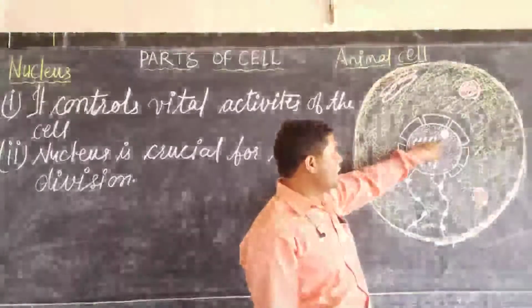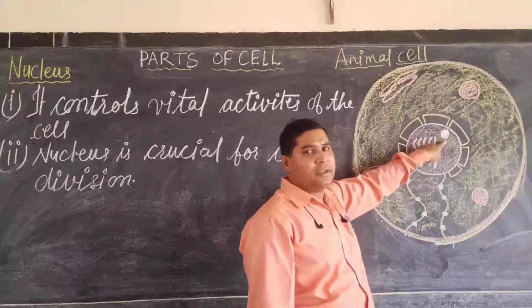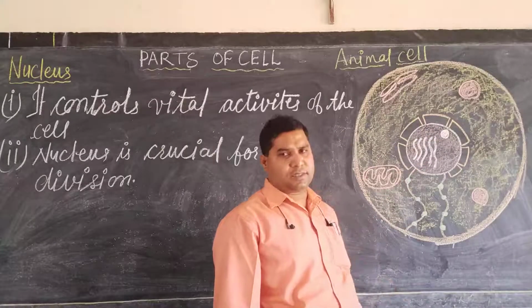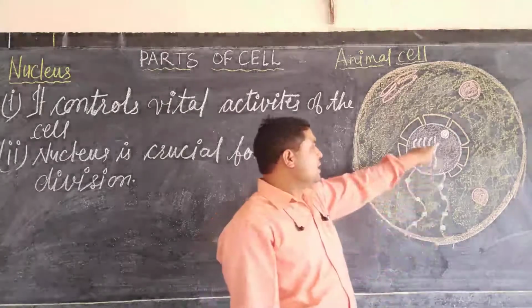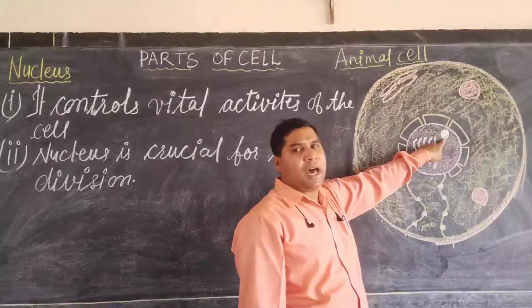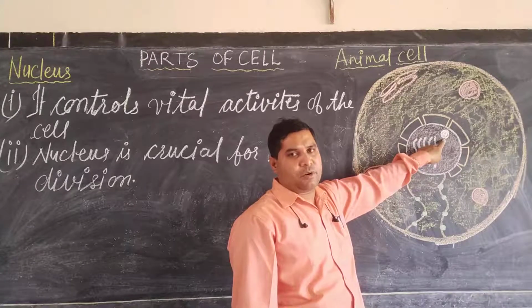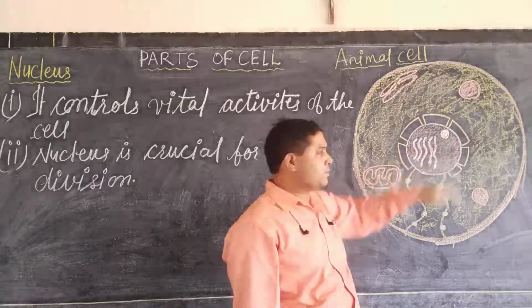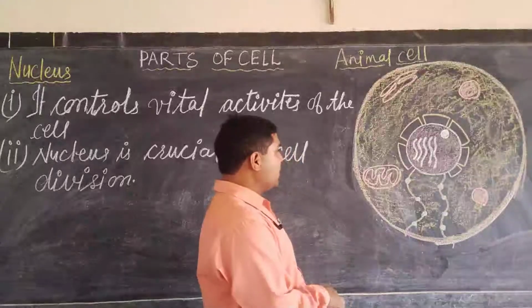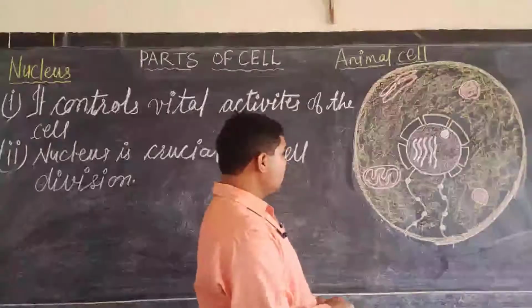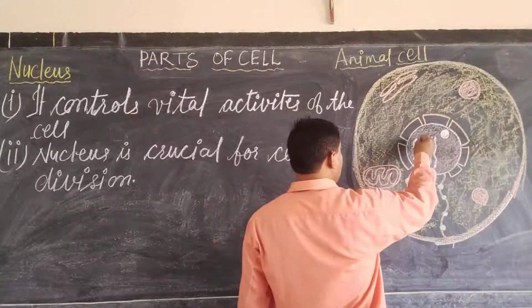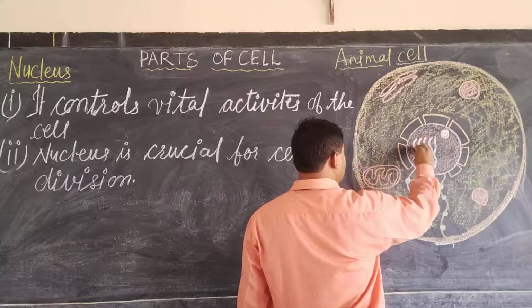Dear student, you can see here an oval body known as the nucleus, and its main function is protein synthesis, dear student. You can see here inside the nucleus a thread-like structure.